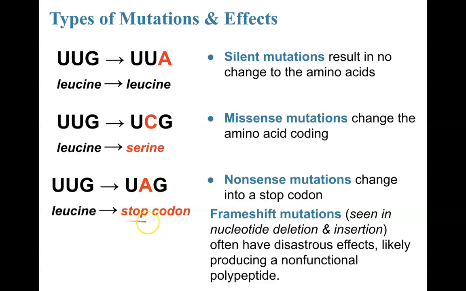And now that protein will terminate at what was leucine, and that can be quite bad for the protein. It kind of depends where in the polypeptide chain that happens, but it is pretty much bad for the protein to have a stop codon there where it shouldn't have been. The protein doesn't get its complete amino acid chain made. That's called a nonsense mutation.